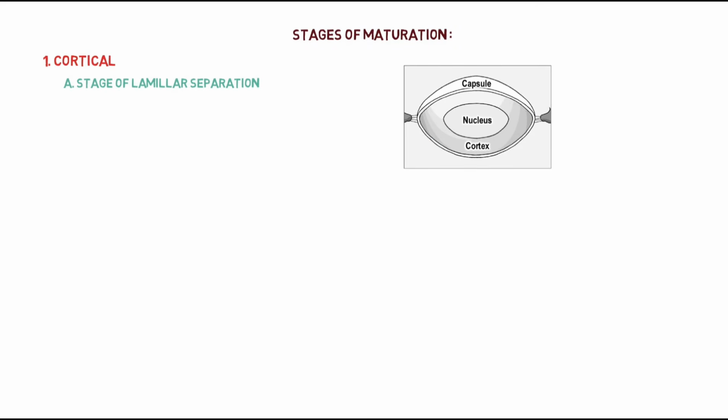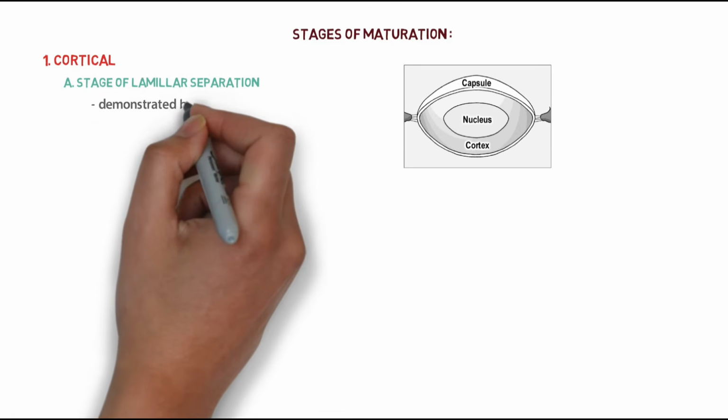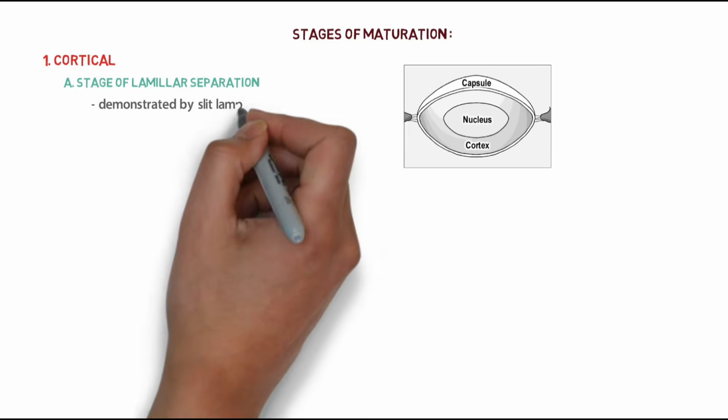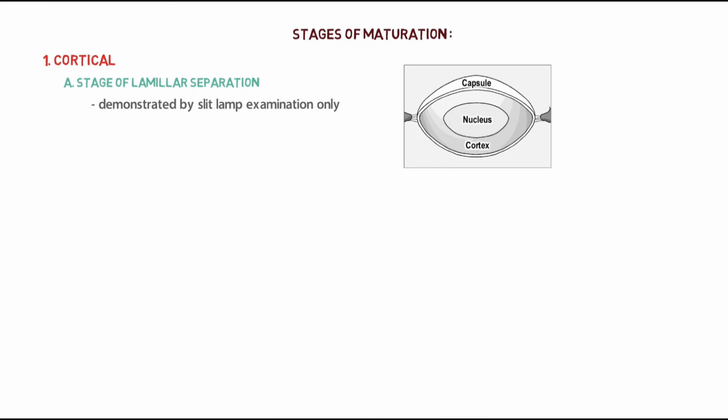In this stage there is formation of vacuoles and water clefts in the anterior and posterior cortex. This leads to demarcation of cortical fibers owing to their separation by fluids. This phenomenon of lamellar separation can be demonstrated by slit lamp examination only.